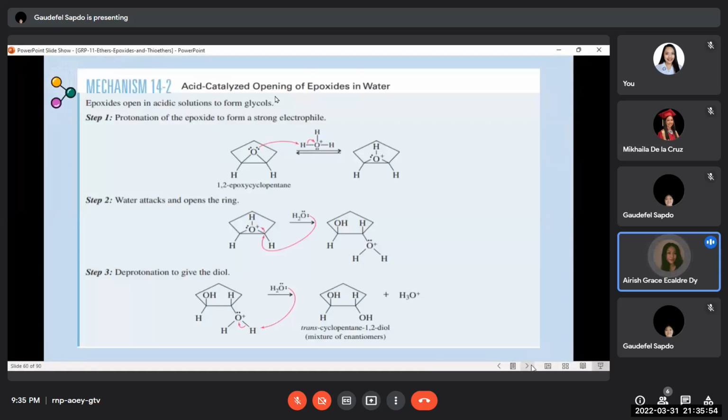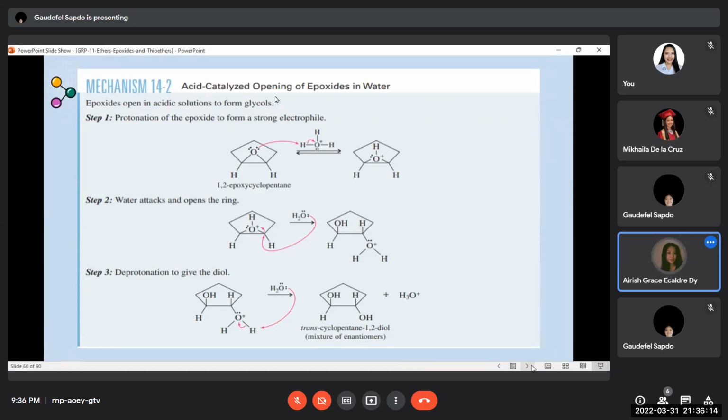So the mechanism of acid catalyzed opening of epoxides in water is this, as we can see in this picture. Epoxides open in acidic solutions to form glycols. So step 1, protonation of the epoxide to form a strong electrophile.